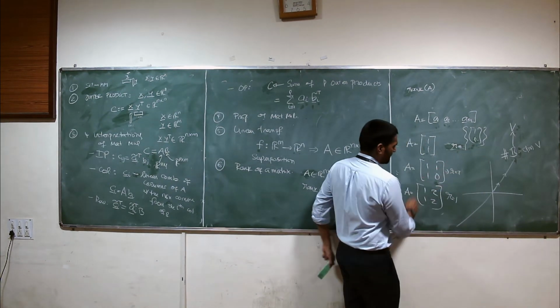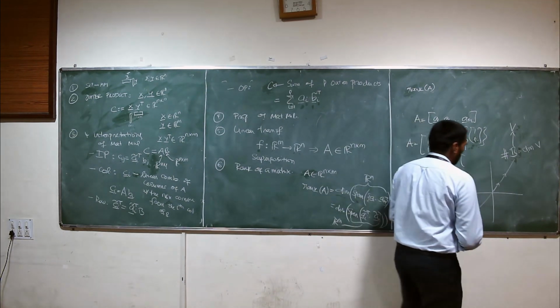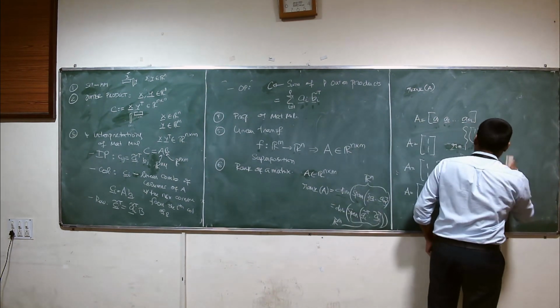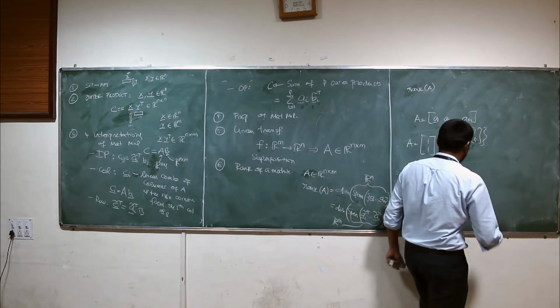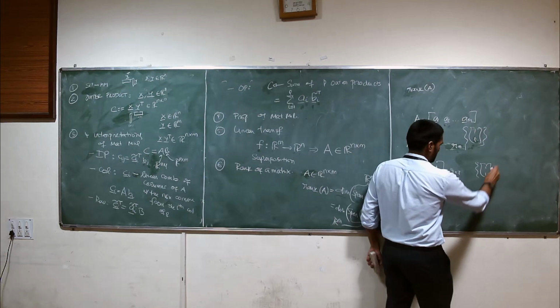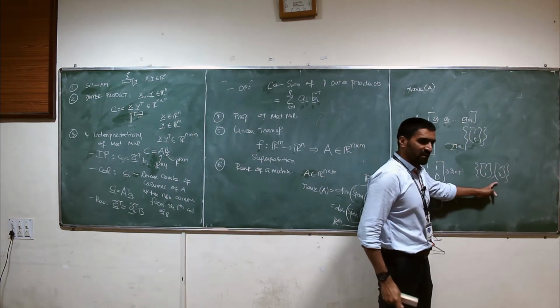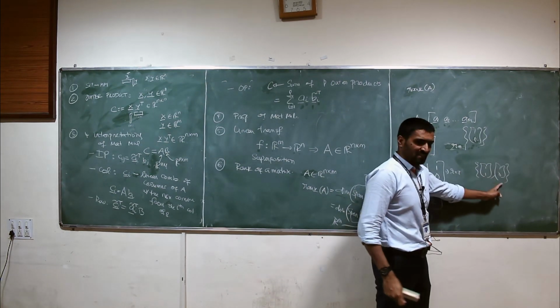Okay. So what about here? Let's say first you sample 1, 1, 1. And then 0. Is this set linearly independent?